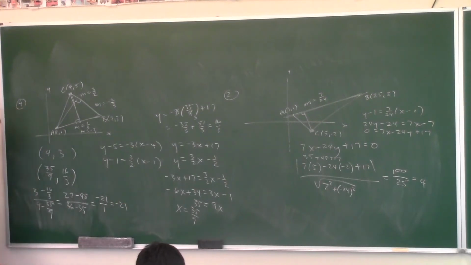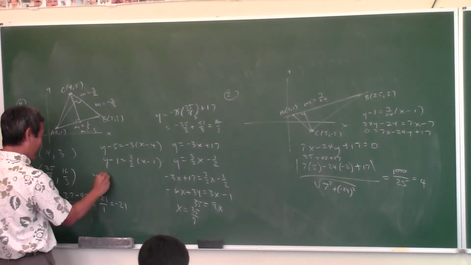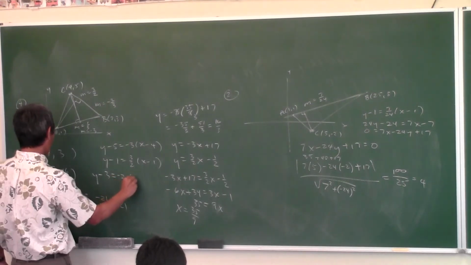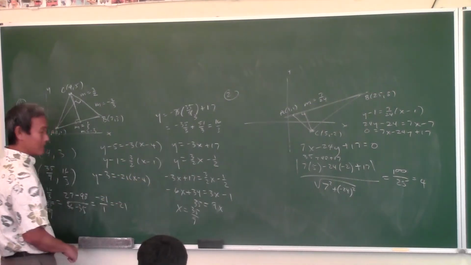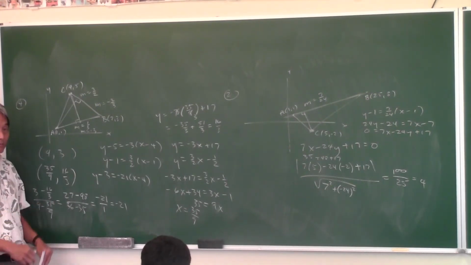And then pick one of these points. Which one looks nicer? I think there's no choice until here. So y minus 3 equal negative 21 times x minus 4. That's the equation.